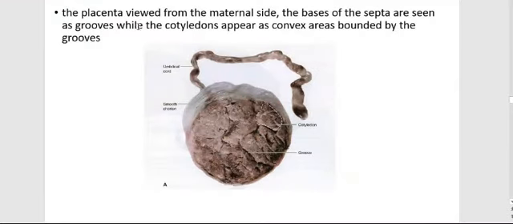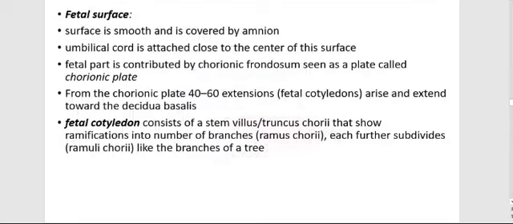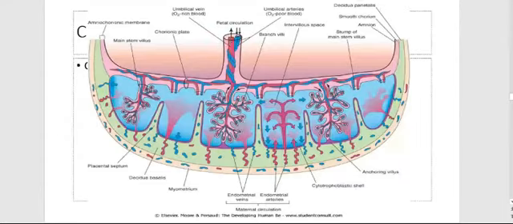These are the grooves you see, and then we form the maternal cotyledon. Then the fetal side is covered with amnion. We saw that it was covered with amnion. And then we have the umbilical cord attached at the center. This is our umbilical cord here, with the arteries at the center. Here it's covered with amnion.